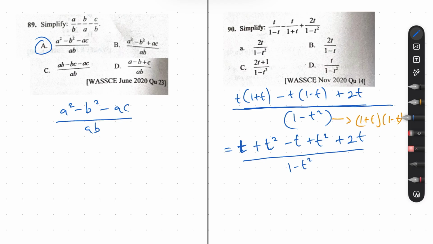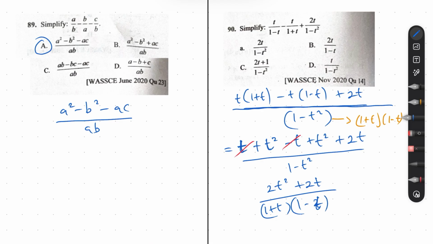So now t can cancel negative t, and then t squared plus t squared gives us 2t squared, plus 2t. So we have 2t squared plus 2t all over, here let's write it in the form 1 plus t, 1 minus t.